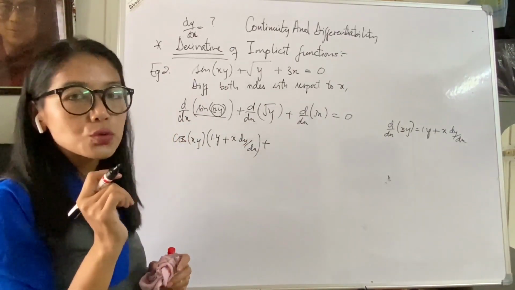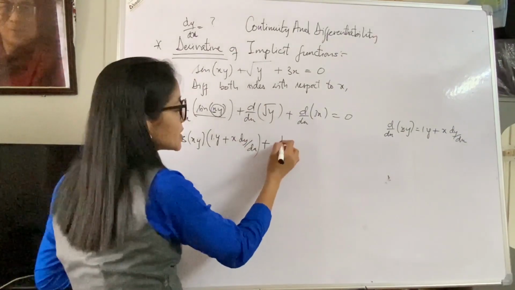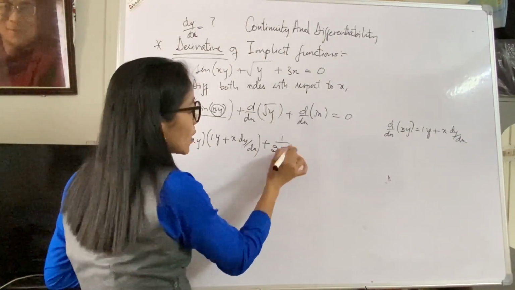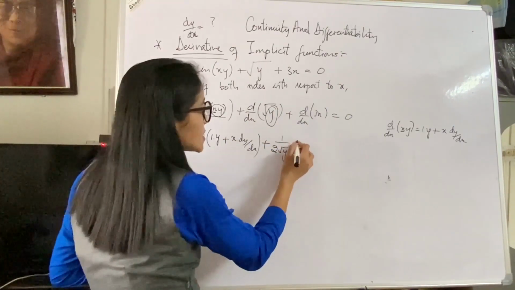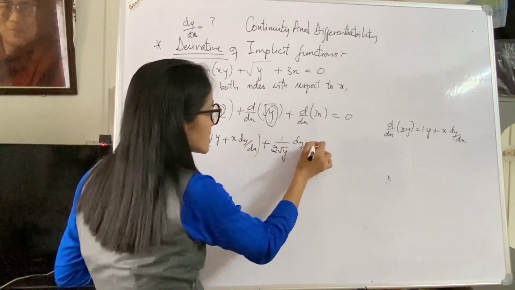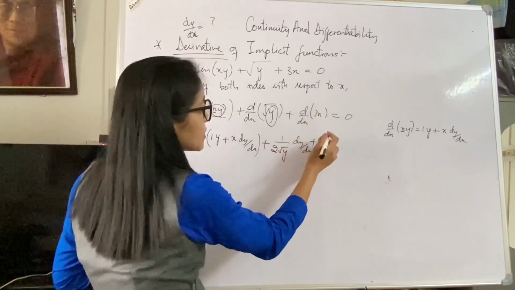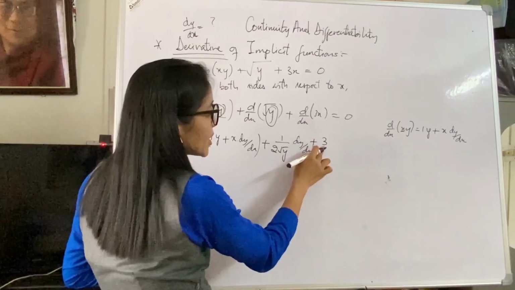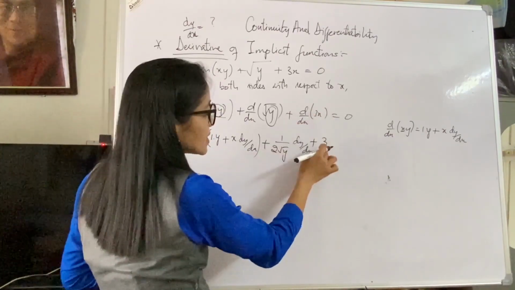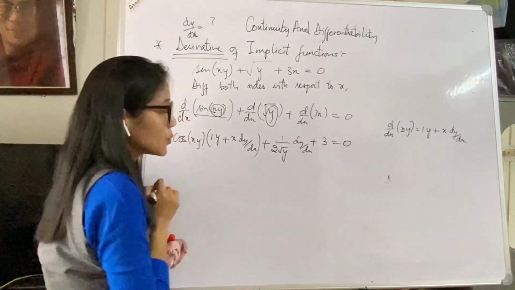It is 1 upon 2 root x. So first you will differentiate this: 1 upon 2 root y, and then you need to differentiate y, which is dy by dx. Plus, what is the derivative of 3x? That is 3, you keep it as it is, and differentiate x, that is 1. So this is 0, right?